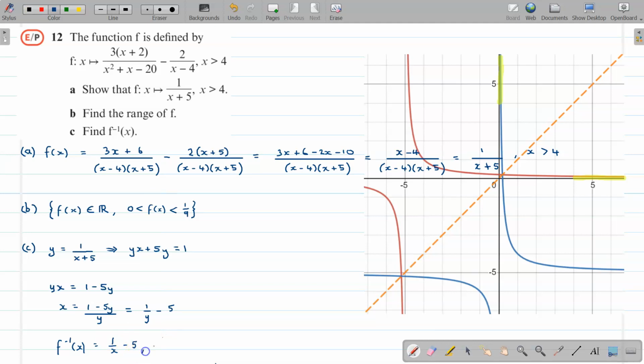So following this, I should give the full definition of the domain, which is that x is a member of the real numbers, and you possibly wouldn't need that part of it, but you should say that 0 is less than x is less than 1/9.